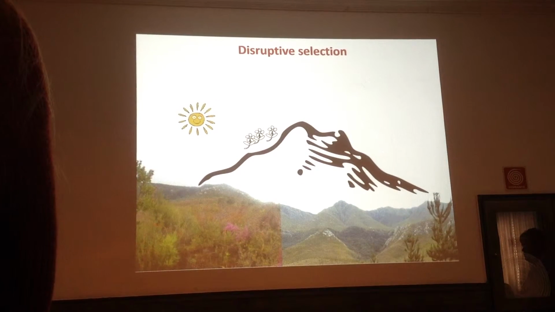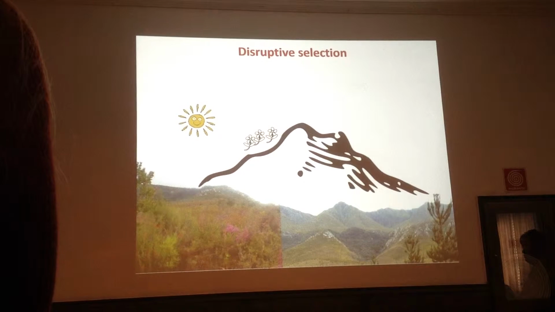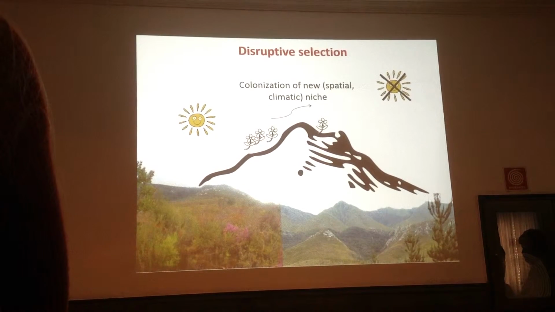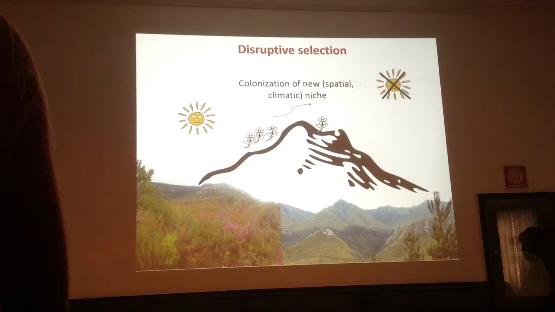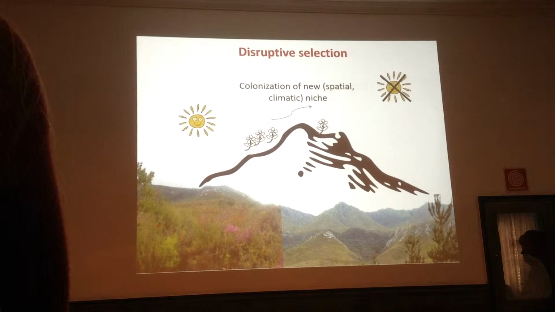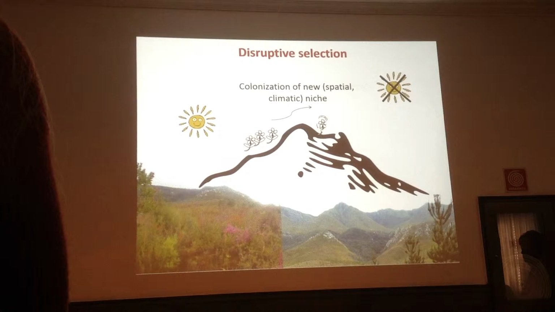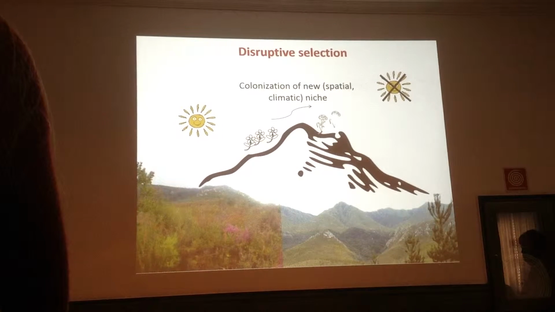You can imagine a population adapting to a certain climatic niche, and then by chance some individuals may colonize a new climatic niche in space, and these individuals may have to deal with slightly different climatic conditions and therefore may evolve certain adaptations to these new climatic conditions.